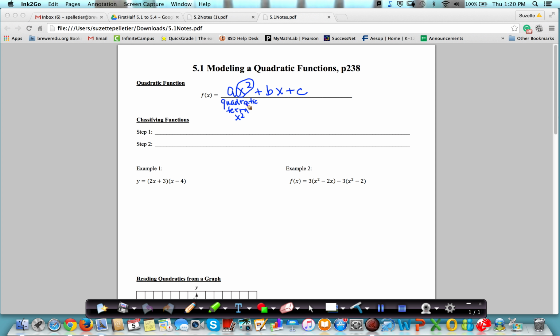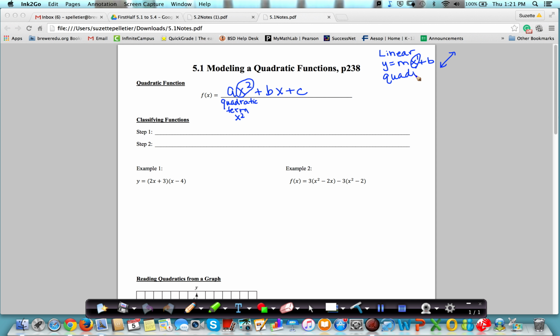So if you remember back to the last couple of chapters, we were just dealing with linear terms. So just to review and make some connections here, the linear equations were of x to the first power. Linear, first power, makes it a straight line.